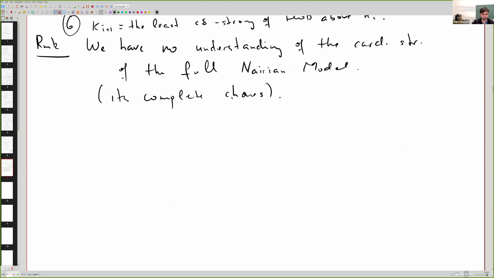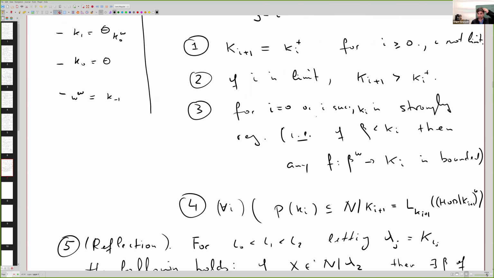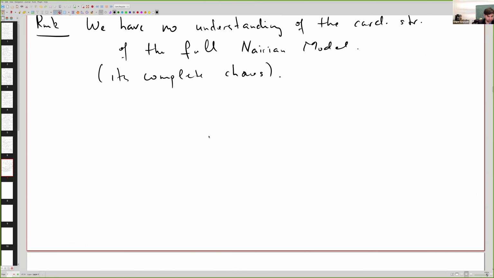Okay, so how do we prove this? The thing that you should keep in mind is this regularity, number 3. So let me give you an example of how you force. Let's say DC Aleph 2 over NG.